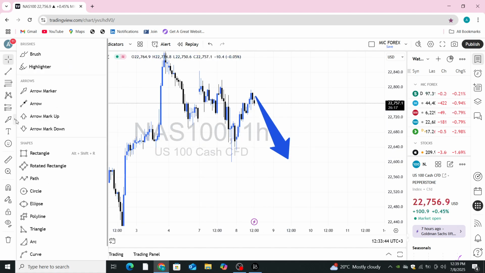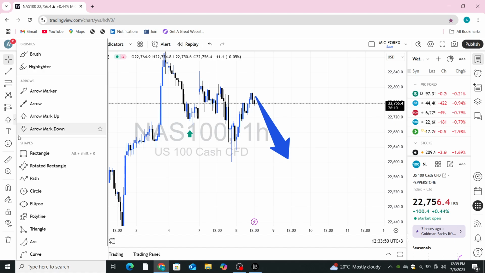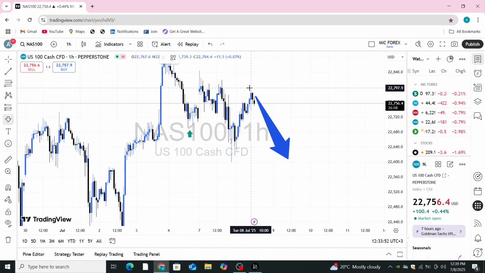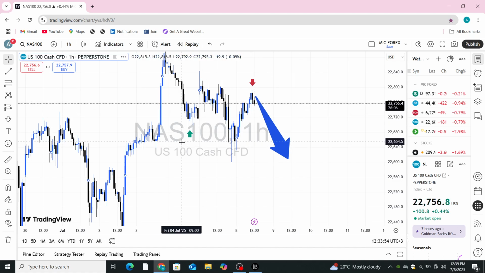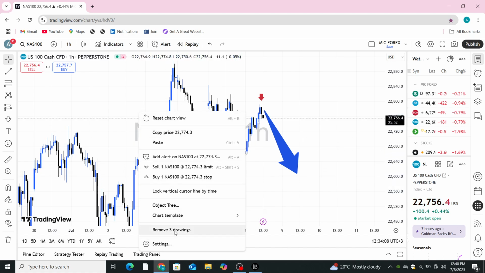You can also have something like this, meaning that it is a buy. You can also have an arrow down like that, going up. Okay, these are the default settings. I've never changed the color, but this one will tell you that this is to pick a sell and to pick a buy, and all that.